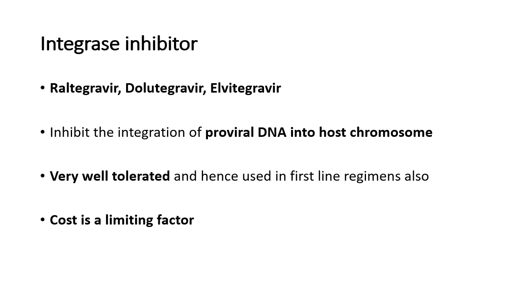Once in the nucleus, the integrase enzyme cuts the host DNA and allows the proviral DNA to get integrated into the host genetic machinery. So raltegravir, dolutegravir, elvitegravir, they interfere with integrase enzyme and prevent the integration of the viral DNA into the host DNA. So this will prevent the formation of fresh HIV RNA copies. That is how integrase inhibitors act.